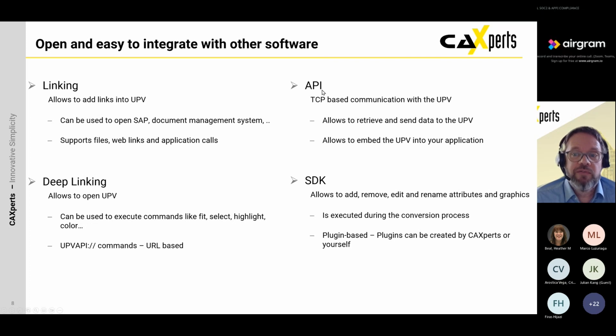On top of that, we have a very open and powerful API, so you can integrate UPV seamlessly into your software. Your software can then drive the 3D view or the PNID of UPV and display the objects you want. And with our SDK, which runs during the model generation, you can enrich your model with additional attributes, but even additional graphics.